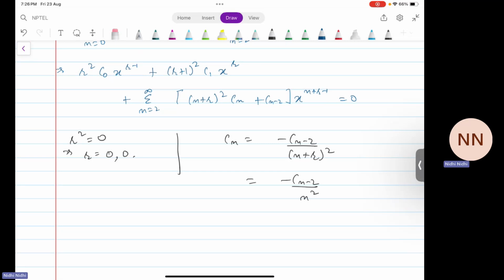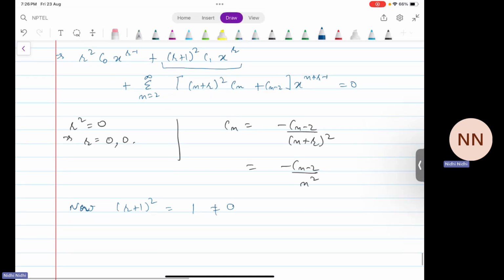Now r plus 1 is equal to 1, which is not 0. So to make the coefficient of x to the power r plus 1 to be 0, we need C1 is equal to 0.